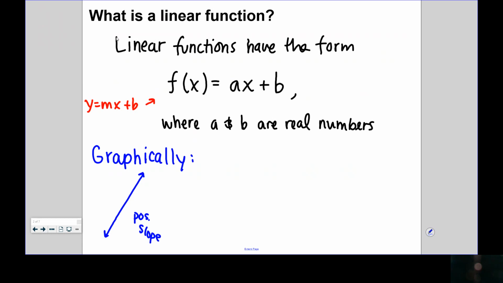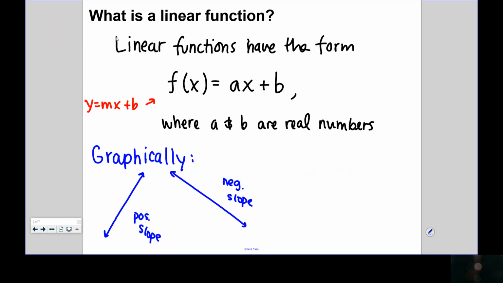So if it rises from left to right, it has a positive slope. You always read graphs just like how you read sentences, left to right. So you always start on the left and go to the right. So here it's rising, so you would say that's a positive slope. If they were slanted down, of course this would be a negative slope. So here it's falling from left to right.